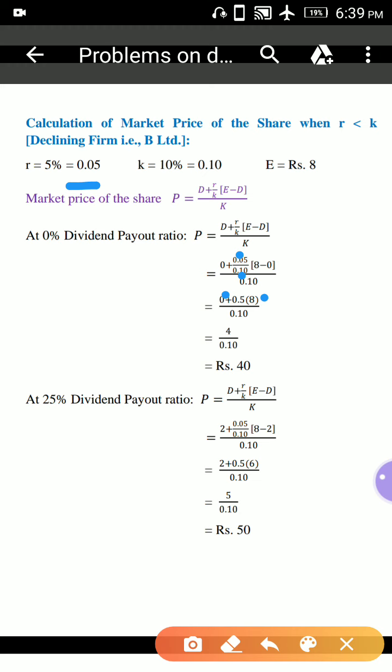So 0.5 into 8 is 4, divided by 0.10, that is equal to 40 rupees.